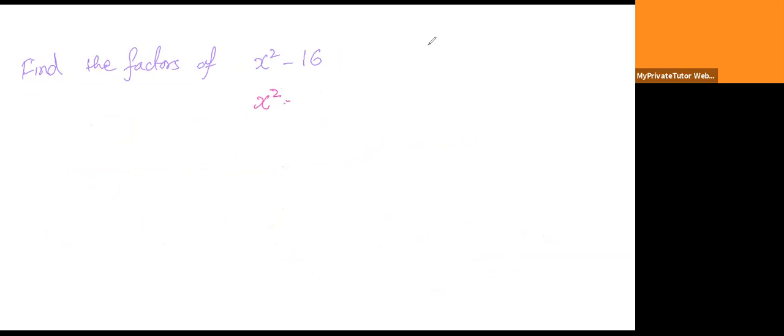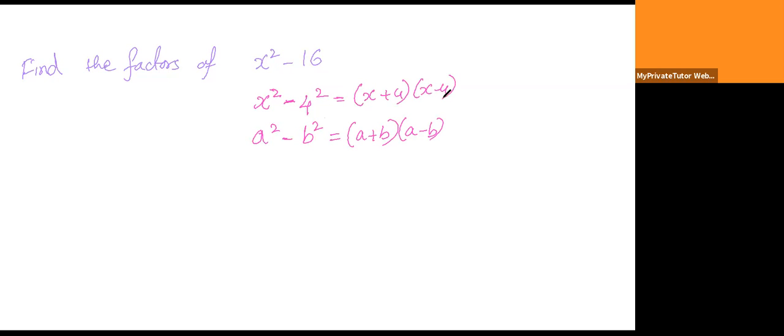We have 16 here. So 16 can be written as 4 square, isn't it? So 16 can be written as 4 square means what? This is in the form of a square minus b square. What are the factors of a square minus b square? A plus b and a minus b. So which means what are the factors of this question itself? X plus 4 and x minus 4.